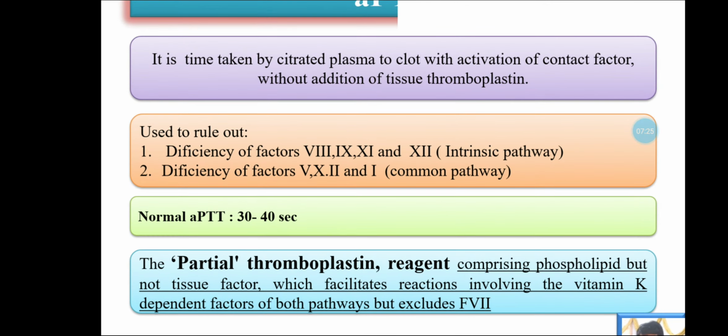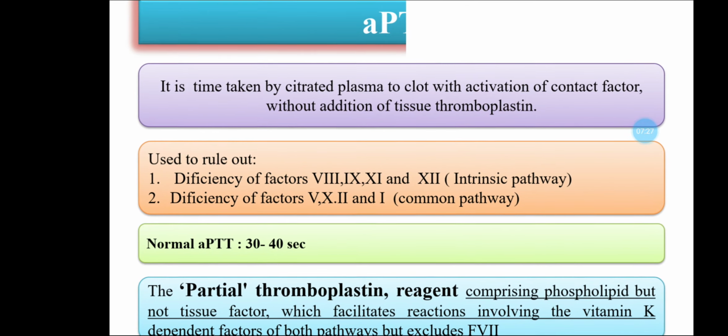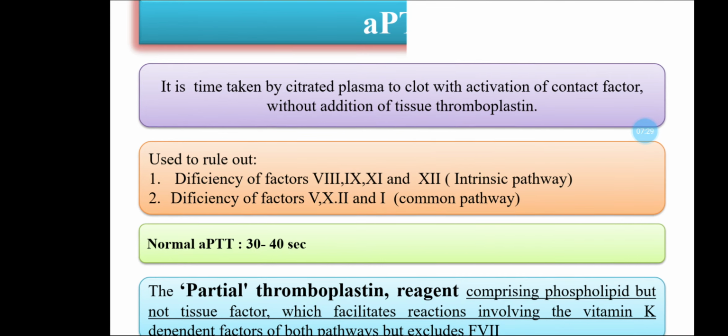If we go through the APTT, or activated partial thromboplastin time, it is the time taken by the citrated plasma to clot with the activation of the contact factor and without the addition of tissue thromboplastin. So this time is recorded.